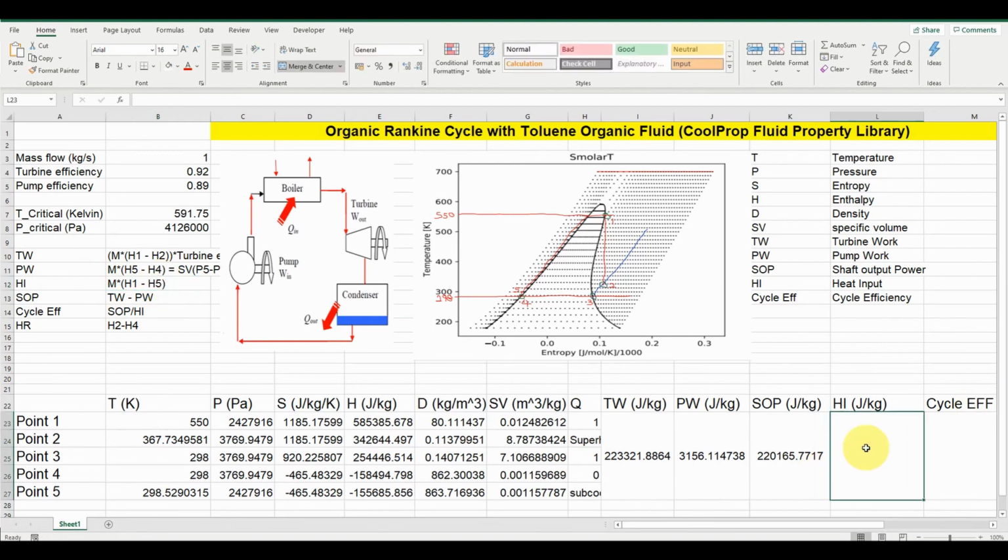So if we represent that here, this becomes the mass flow, which is 1 times H1, so which is this, H1 minus H5.